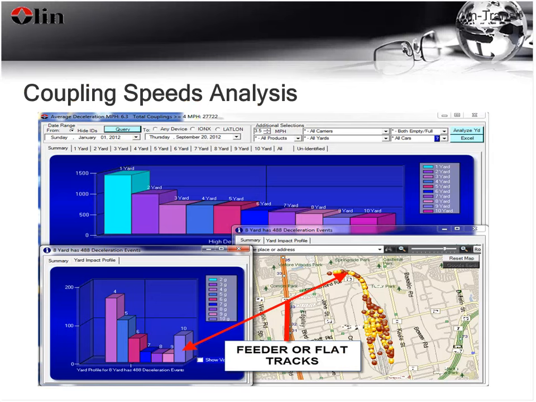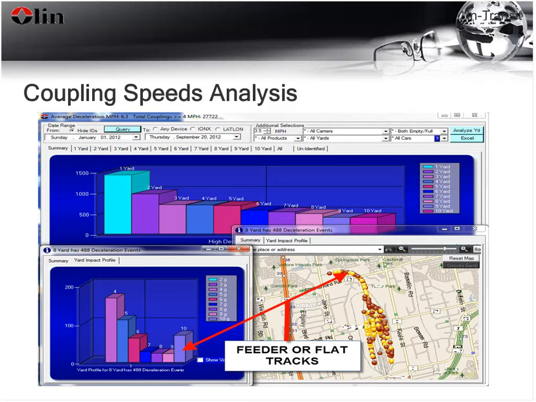In the bottom left-hand corner, you can see that this is a hump yard, and we see a nice profile for deceleration speeds. The vast majority are about 4 miles per hour, and then it tails off down to 9 miles per hour. But if you look, you see that it jumps up to 10 miles per hour.